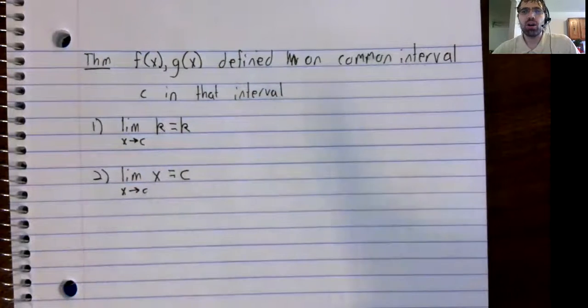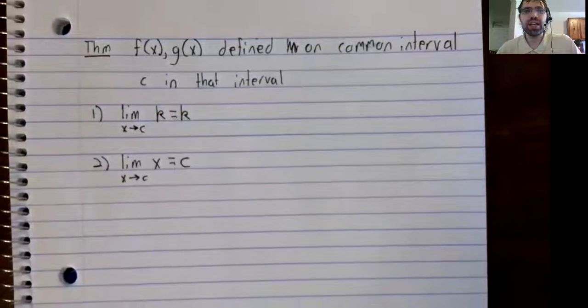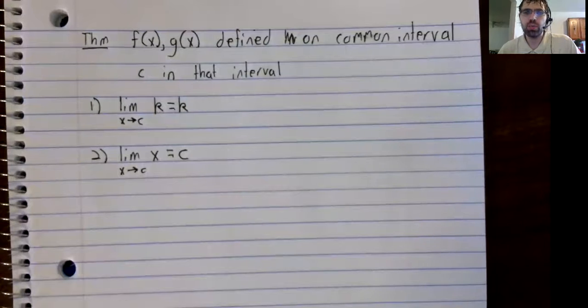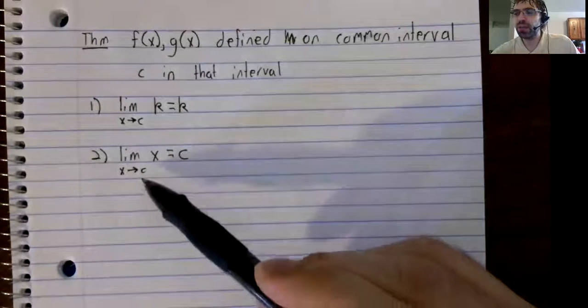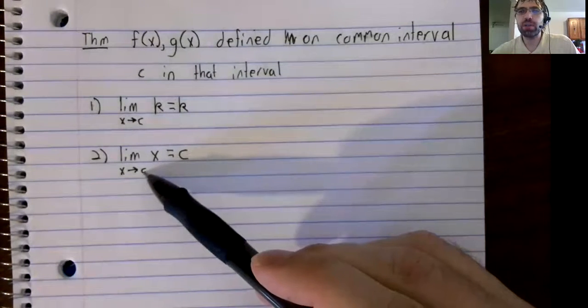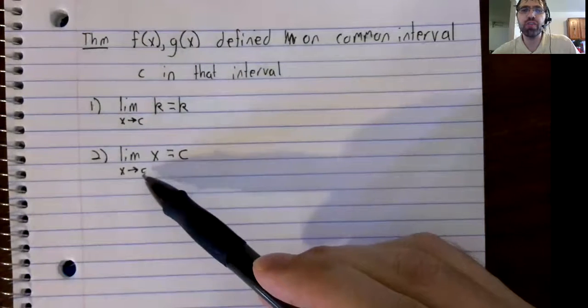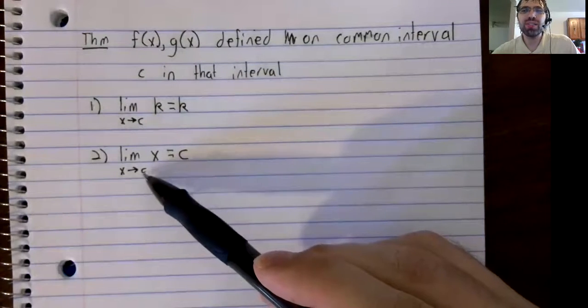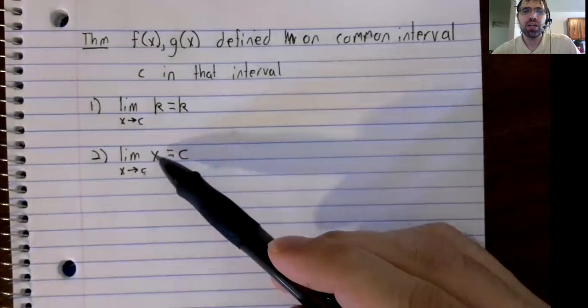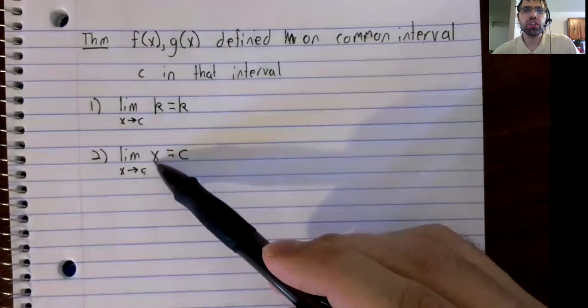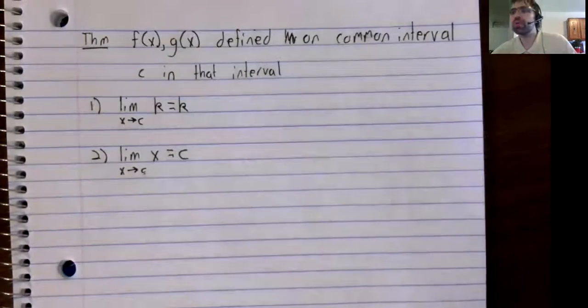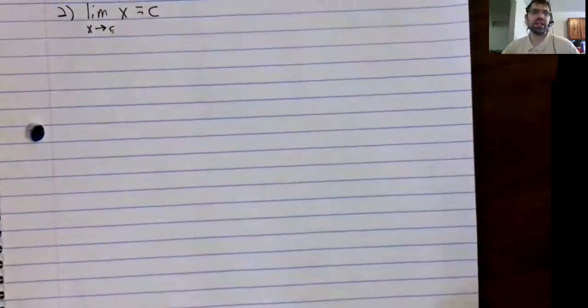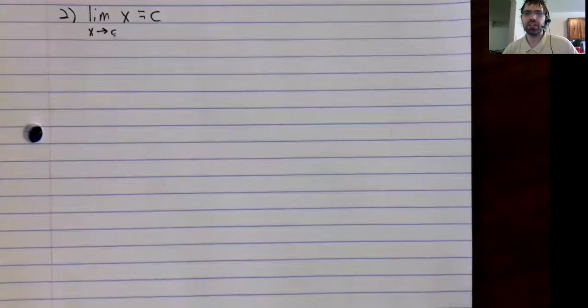We've made the observation that in general, you don't find limits by looking at what the function does at c itself. You look at what happens near c, but the identity function is an exception to that. And we're going to see more exceptions down the line.